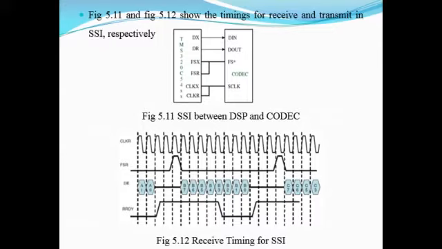These are the signals required for understanding the process of a data which is received whenever we use the SSI, that is the serial interface process. This is the diagram indicating the timings and a physical representation of connecting a TMS320 with its signals connected to a codec device. So this is what we consider.